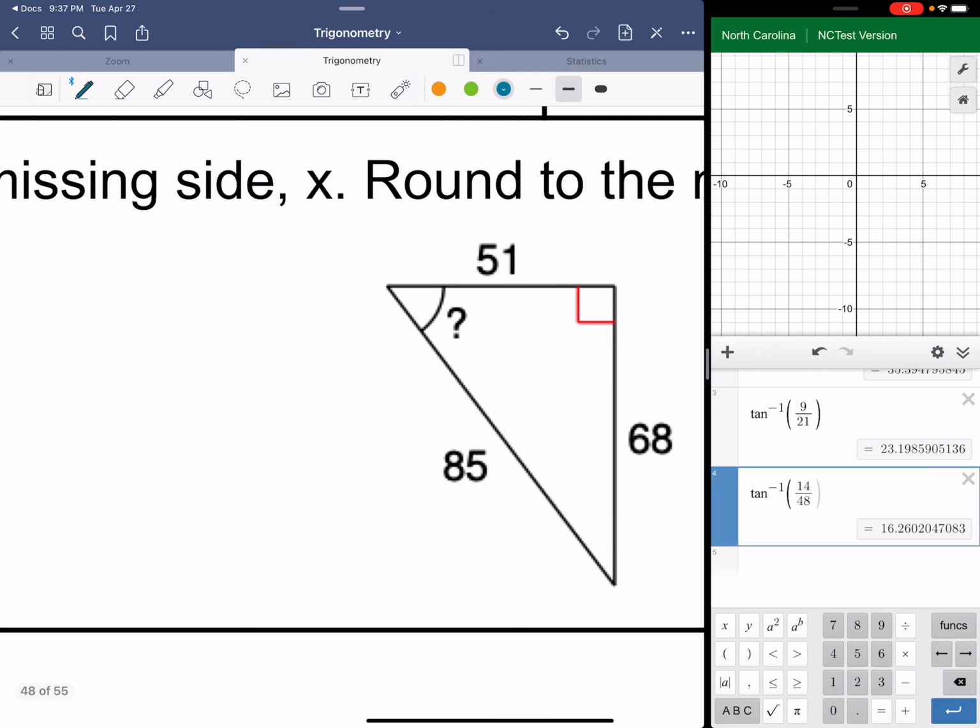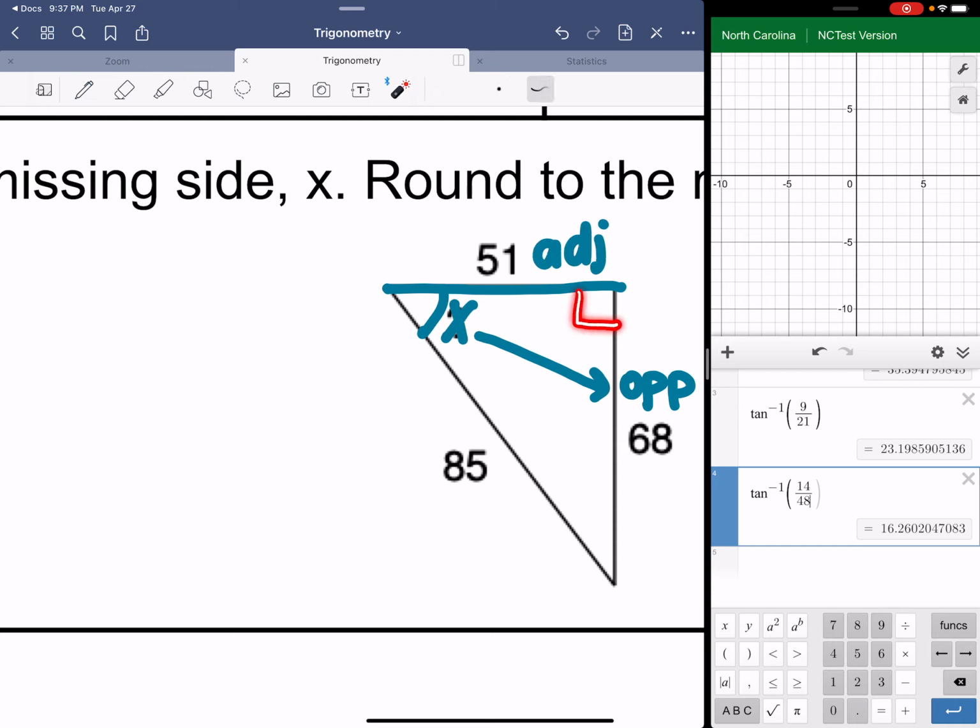And finally, example 5. We have our missing angle x. We're told to use tangent, so we need the opposite side over the adjacent side. Again, I know that from the 90-degree angle directly across gives me the hypotenuse, and we don't need the hypotenuse for a tangent ratio.